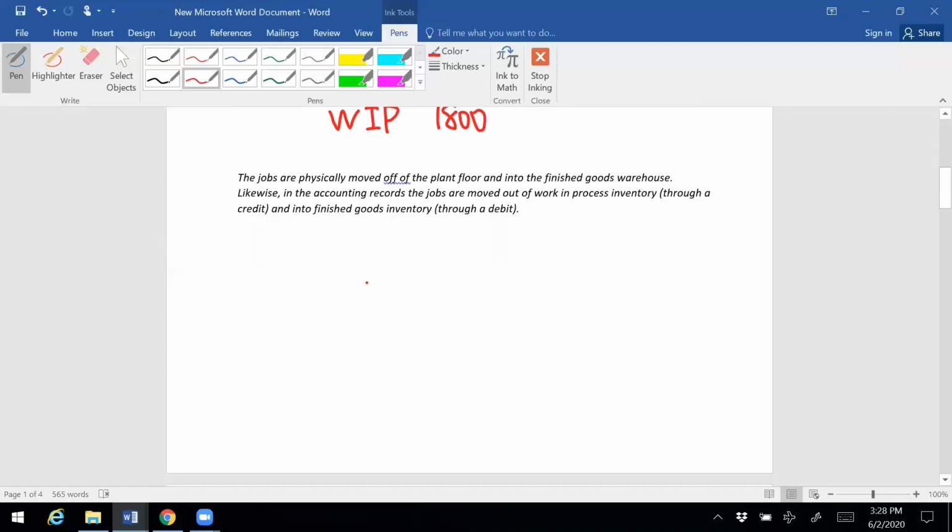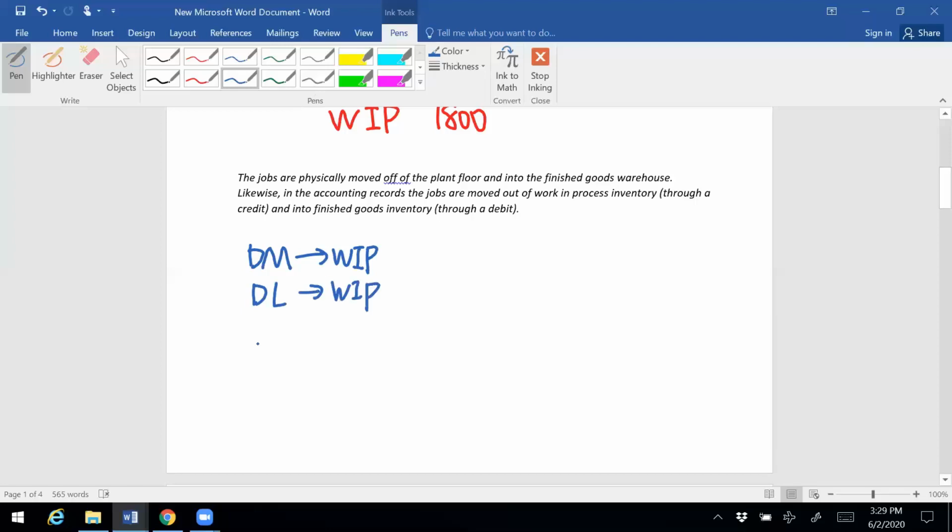So I put a summary here, to kind of give you a general idea of how the flow of cost goes in our manufacturing department. So we said you first have direct material, right? When you have direct material, it goes to work in process directly. When you have direct labor, it goes to work in process.